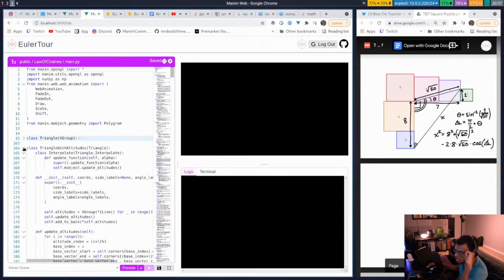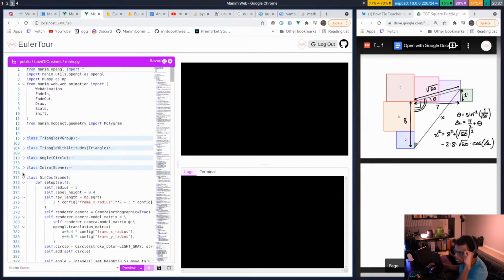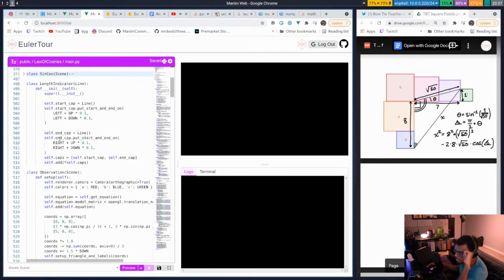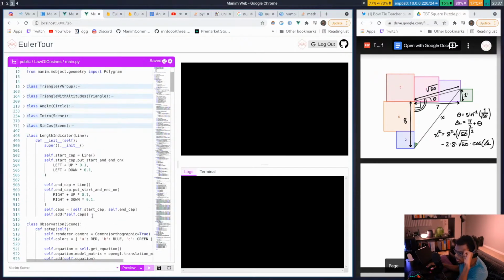How would I call that? Triangle with altitudes. Length indicator. It's fairly straightforward. Maybe I should copy this into, wait. Let's start and end on. How did I do rotations or whatever?